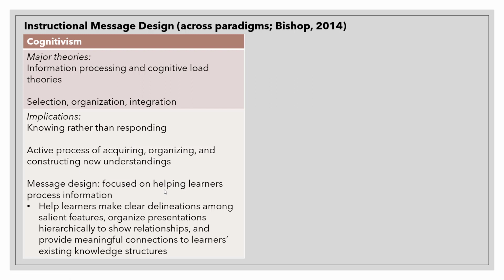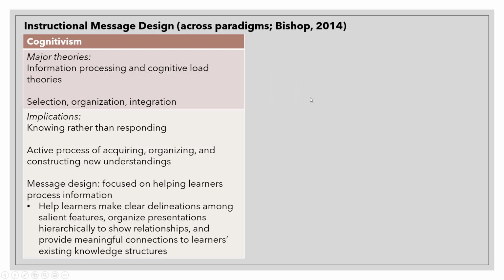Message design under cognitivism focuses on helping learners process information. So like helping them make clear delineations between salient features, or organize presentations hierarchically, or show relationships, and provide meaningful connections to existing knowledge structures. This is getting more complicated.